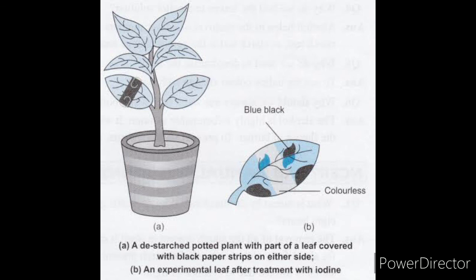Then you take that colorless leaf and put some iodine drops onto it. The tape-covered region of the leaf will be colorless, but the area that is not covered by the tape will be blue-black in color, which indicates the presence of starch. So as you can see, in leaves photosynthesis happens and the starch is also stored.